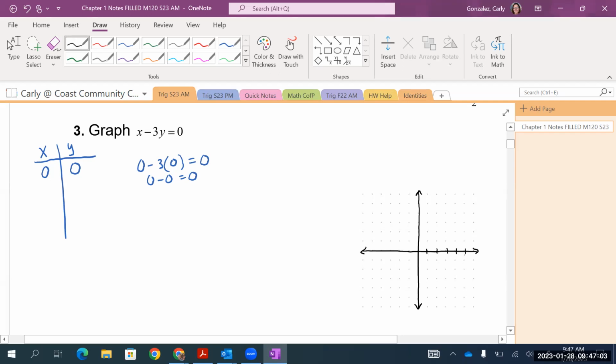So 1, 2, 3, 4, 5. And I have my horizontal axis is my x-axis, my vertical axis is my y-axis.